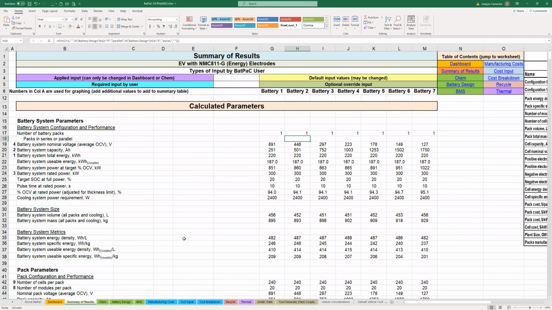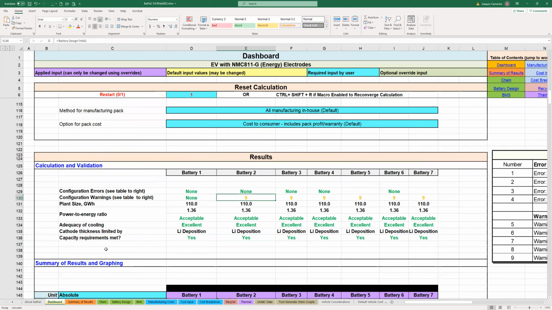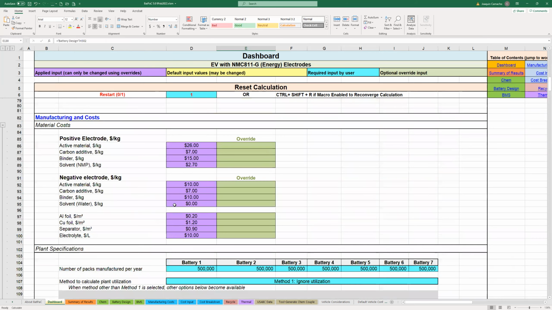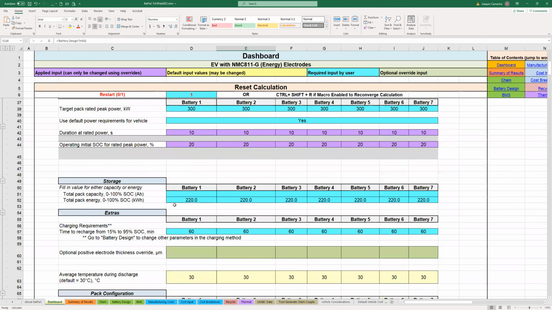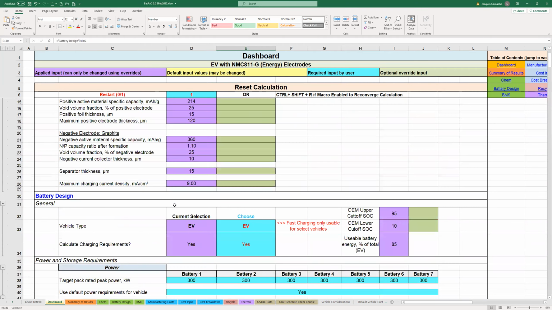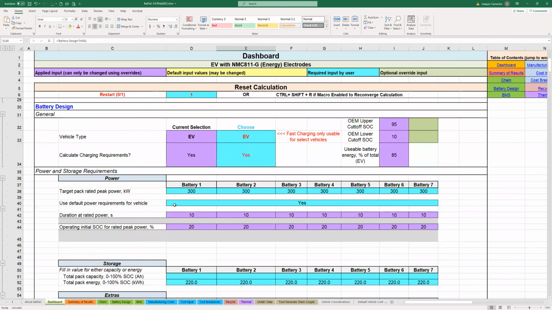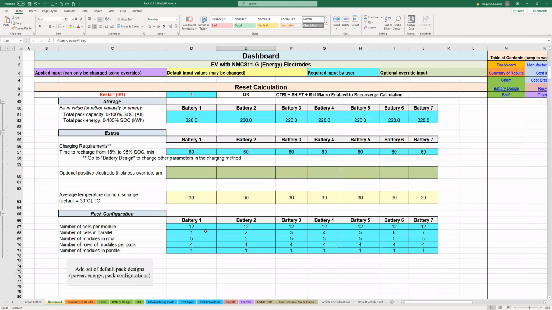Okay, so let's go ahead and move on to the summary of results and see what happened with the voltage. So, as expected, here's our array. If we only allow 1 cell in parallel, then it's going to have a higher voltage than if we connect more in parallel.